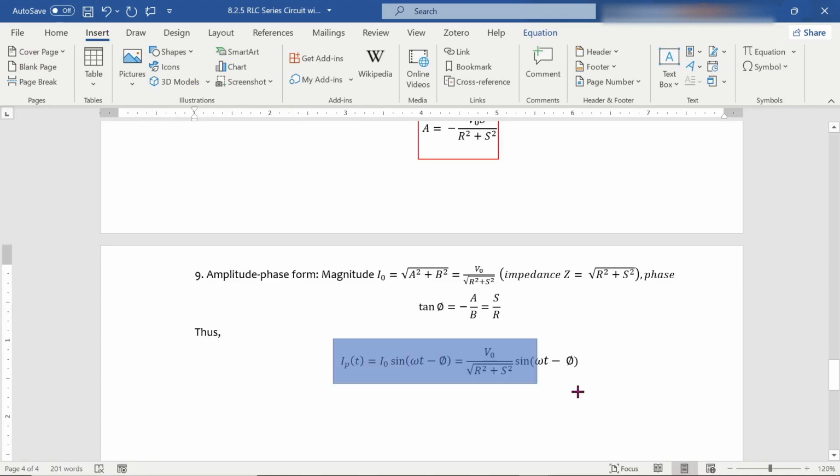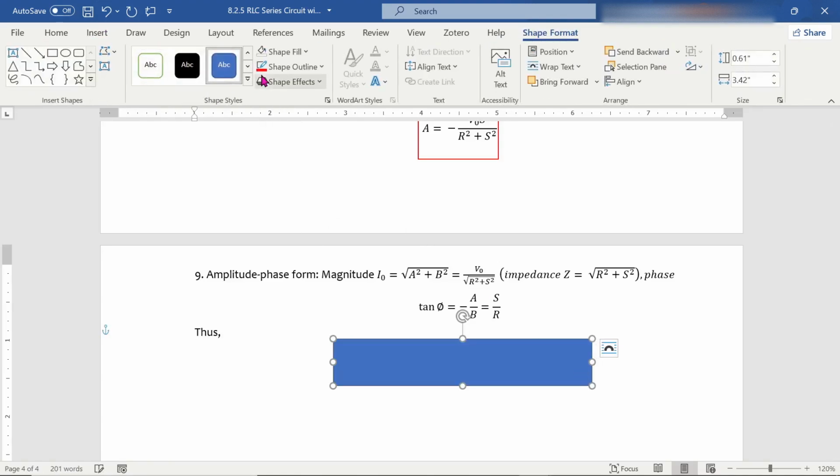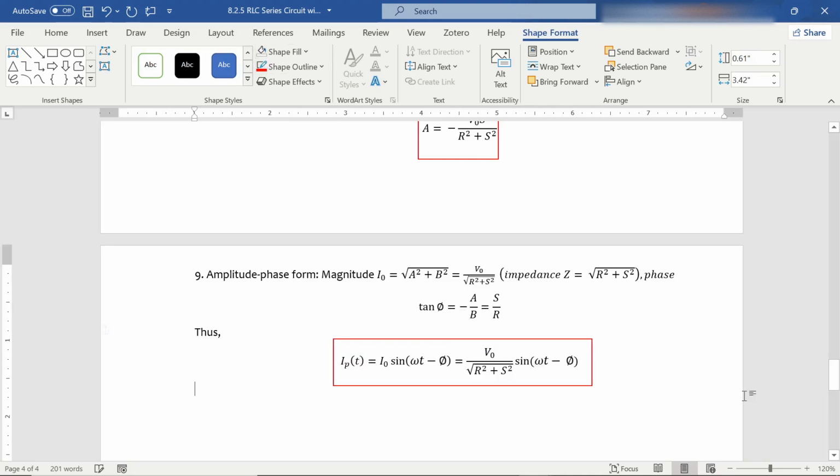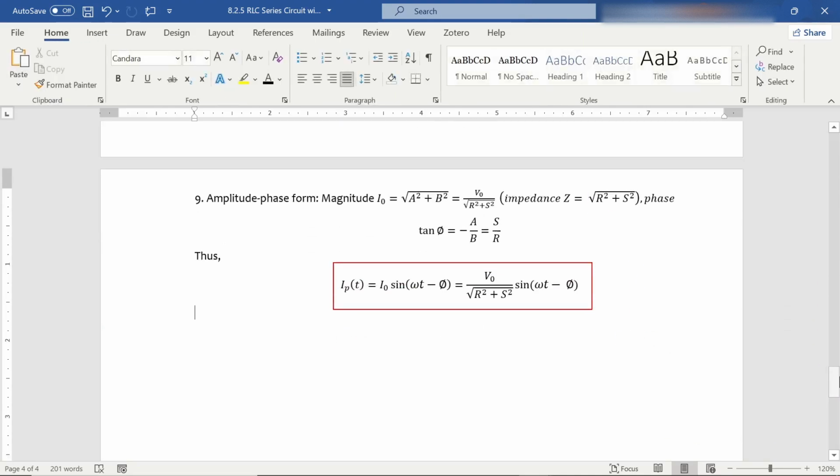Having calculated our particular solution, it is worthwhile to combine it with the homogeneous solution to get the complete solution for the RLC circuit.